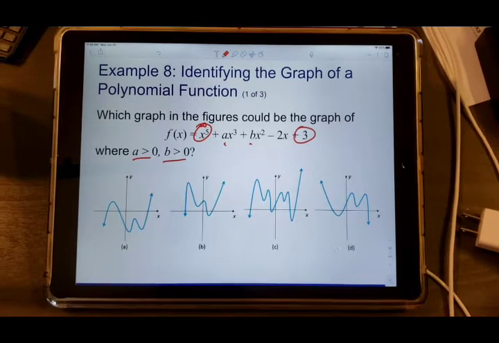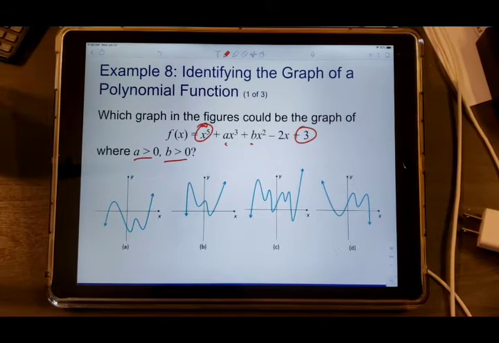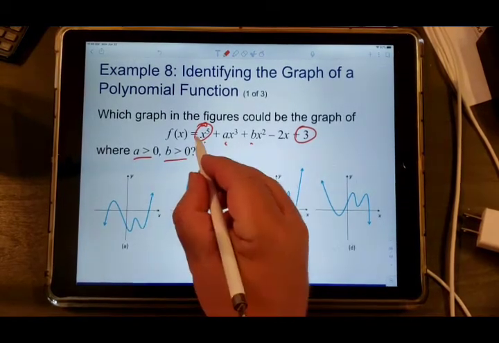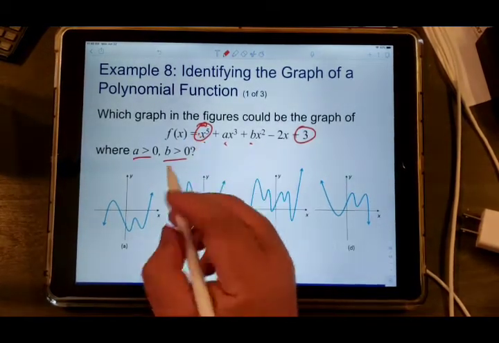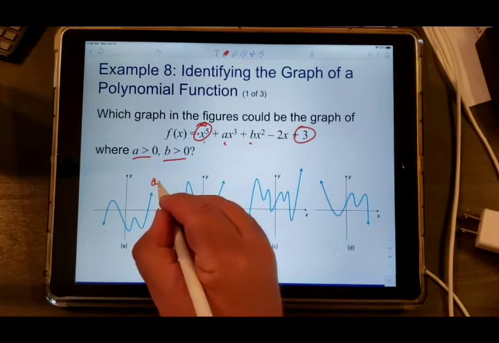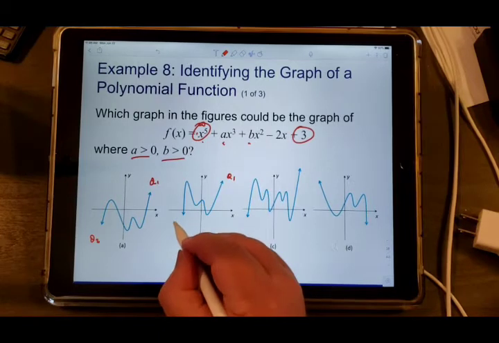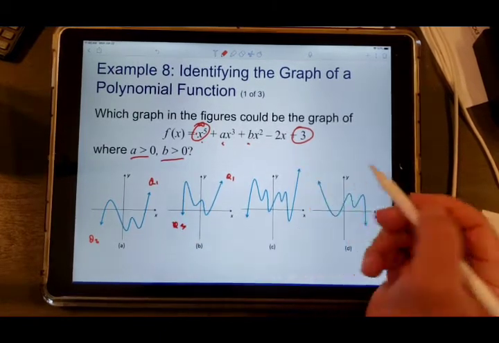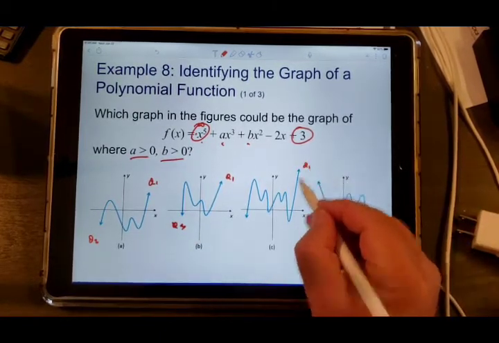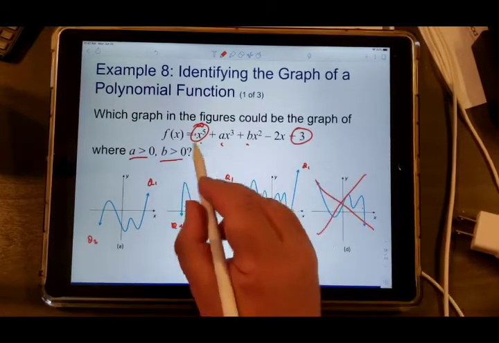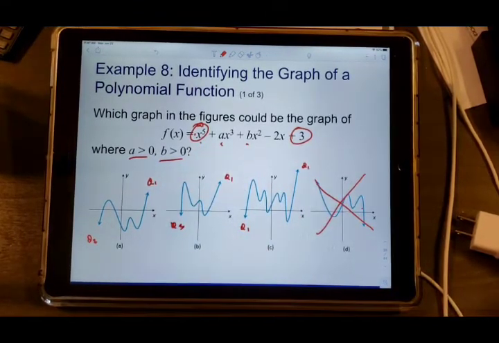But so what do we know? If this is a 5, and it's a positive 1 as the coefficient, we know it's going to leave in quadrant 1 and quadrant 3. Well, it turns out all of them do that except this one. So that's ruled out just by looking at the 5.